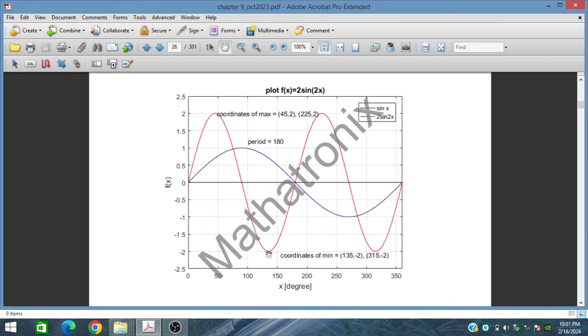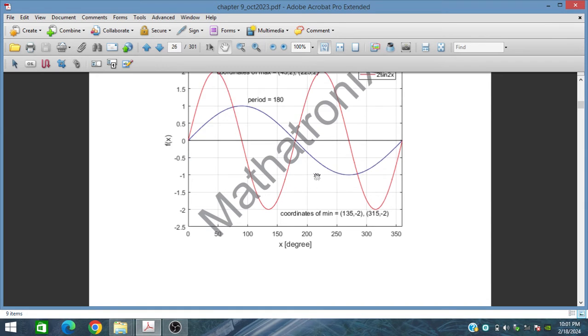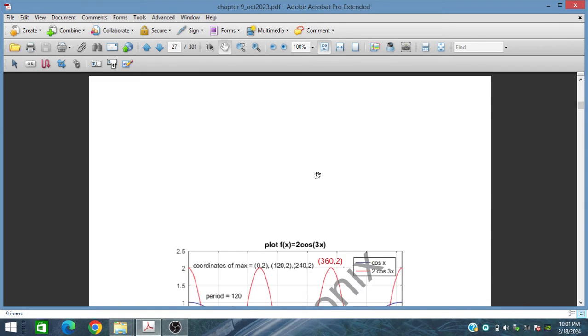This is 135 and this is 315 degree, and the magnitude here is -2 and -2. So these are the coordinates. So this is simple plotting.